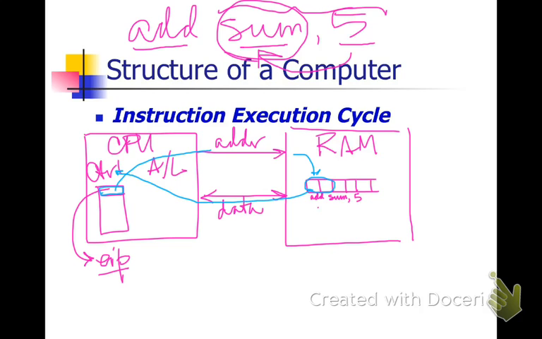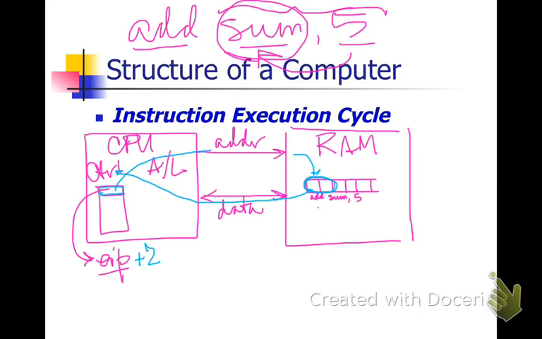So I'm going to have to, by the way, now that I've come back across the data bus, EIP will have incremented by 2. So next time, what I need to do is, after I read these 2 bytes, I know I'm adding an immediate value to a place in memory, but I don't know what the immediate value is, nor do I know where the place in memory is located.